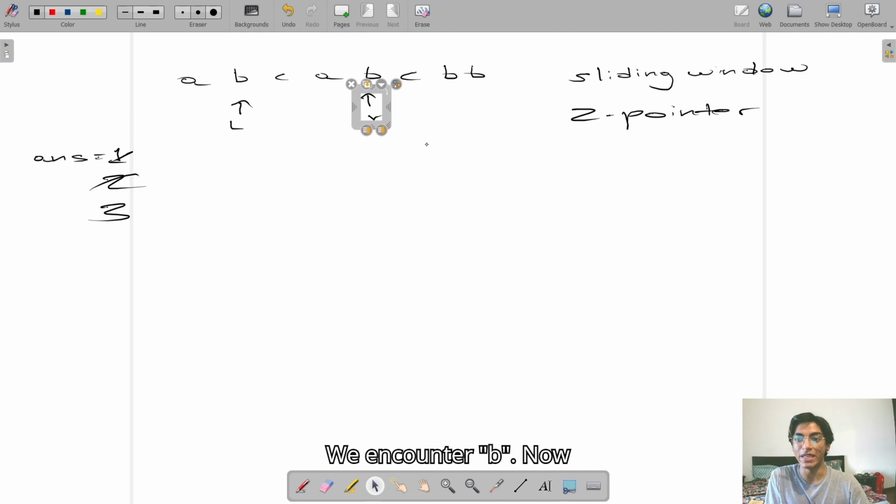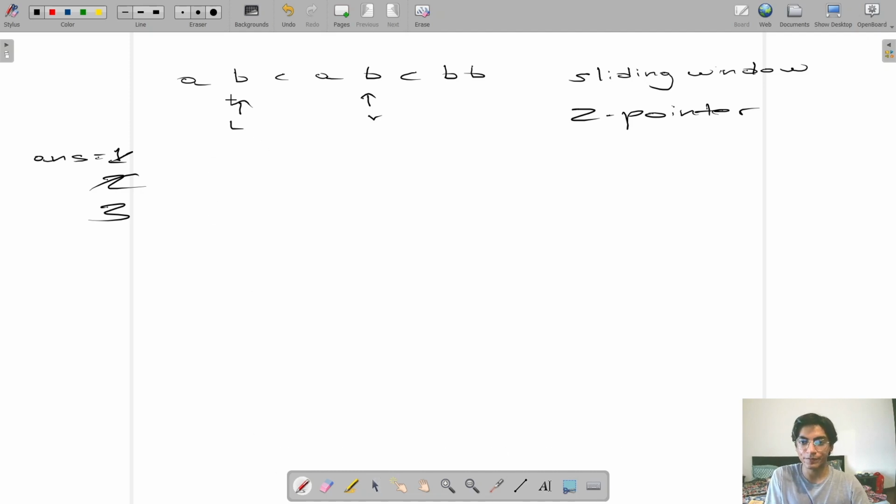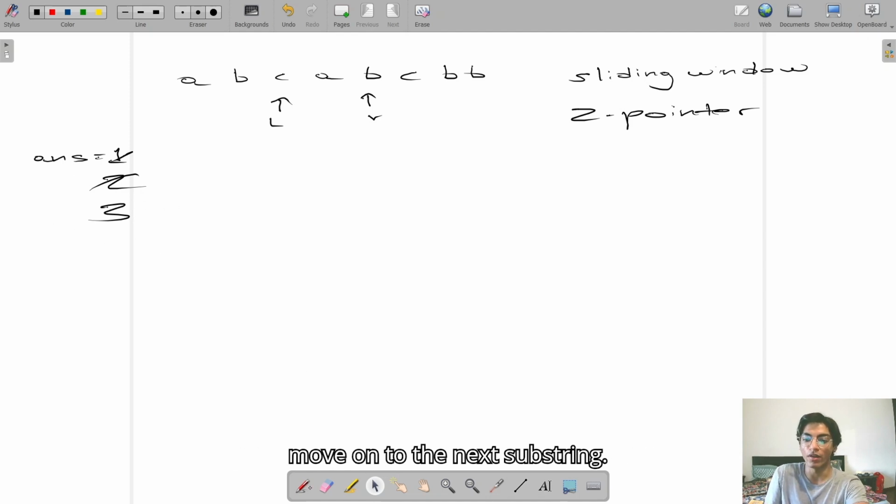We encounter B. Now we see that our substring is not valid anymore. So we keep on moving the left pointer. We check the substring. We see if its length is greater than what we had as our previous answer. The answer is no. So we move on with the next substring.